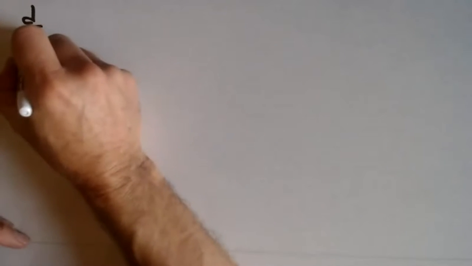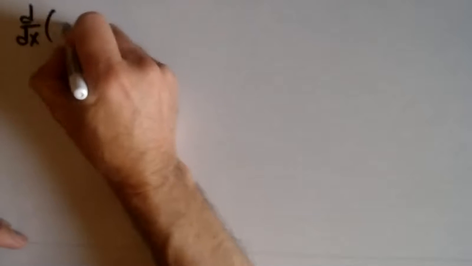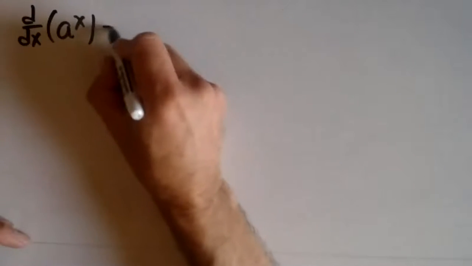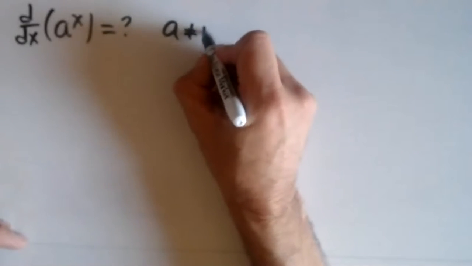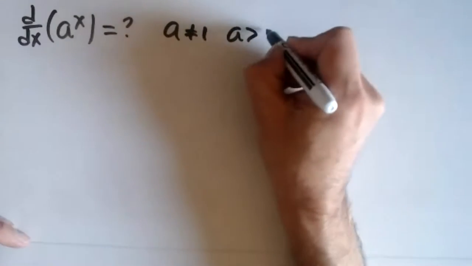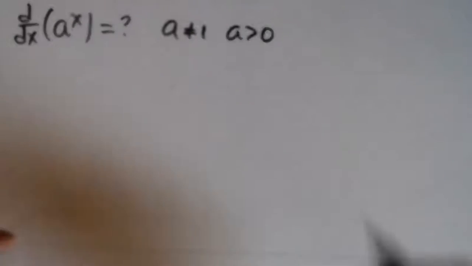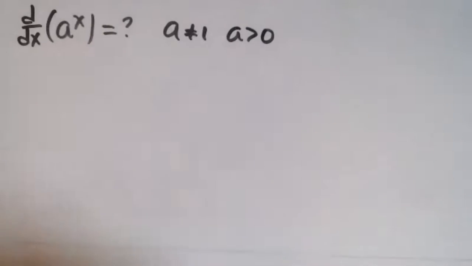We're going to find the derivative d/dx of a to the x, where a is any number different than 1 and a positive number. So any real number different than 1 and positive.